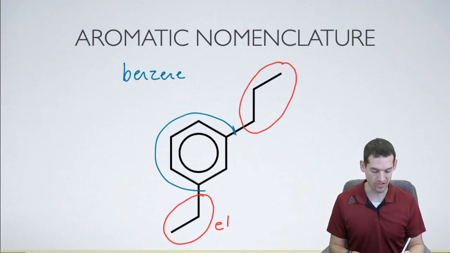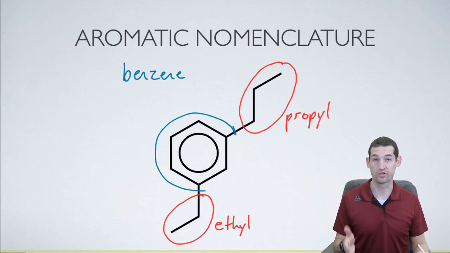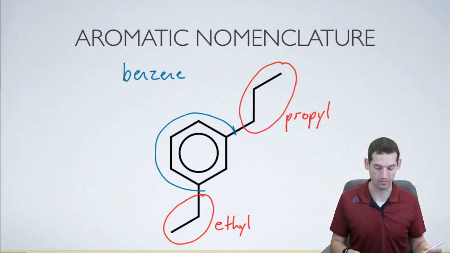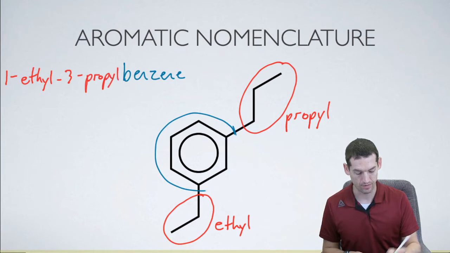So since this is an ethyl and this is a propyl, ethyl would come first alphabetically. So in this case, I would give it the lowest number. So this would be a 1-ethyl-3-propylbenzene.